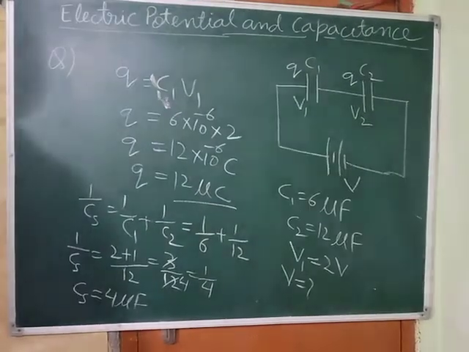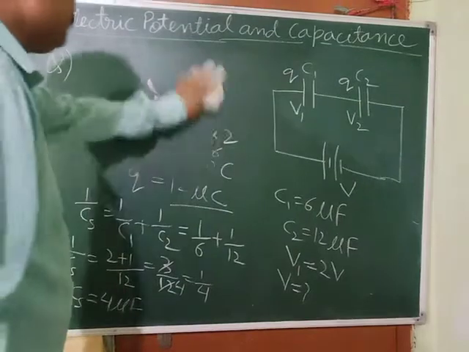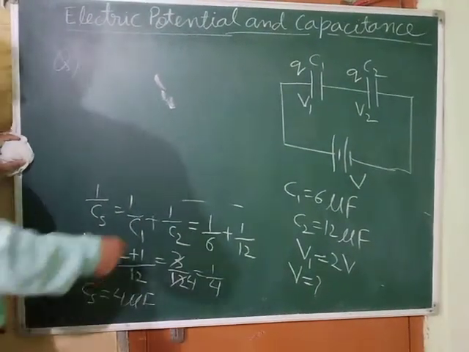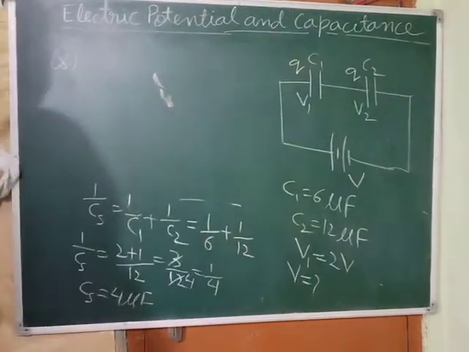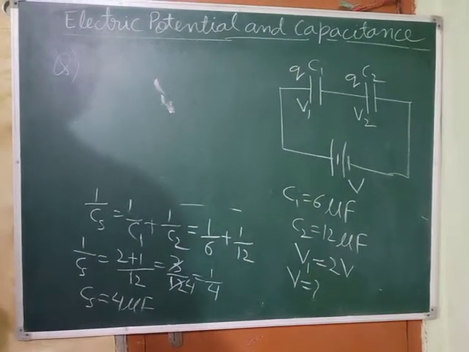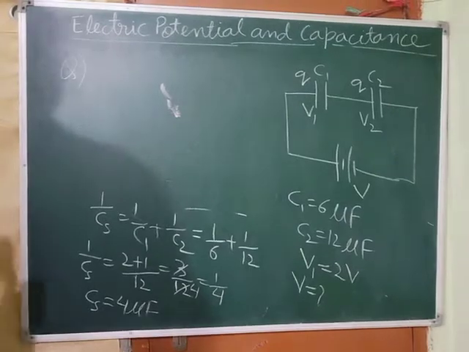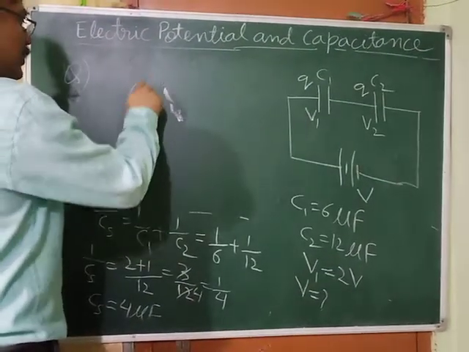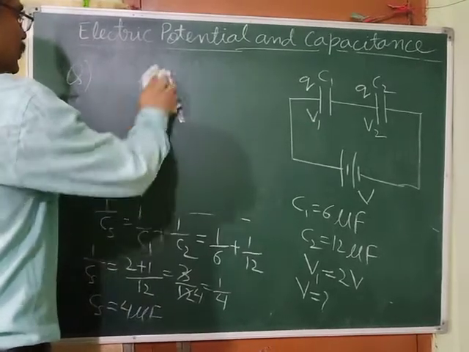Done? Okay, so now I have to rub this. Total charge, we know it is how much? Total charge was 12 microcoulomb. So for the whole circuit, what can we write? Total charge is Q only.